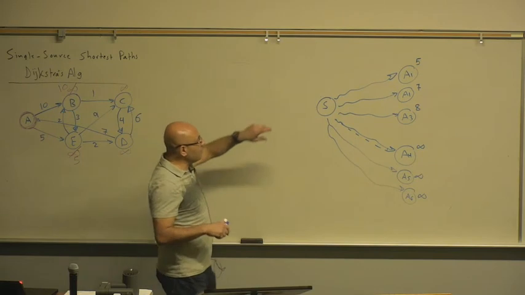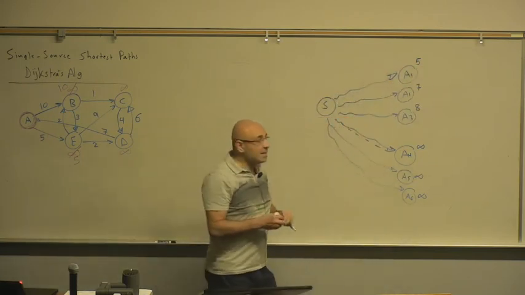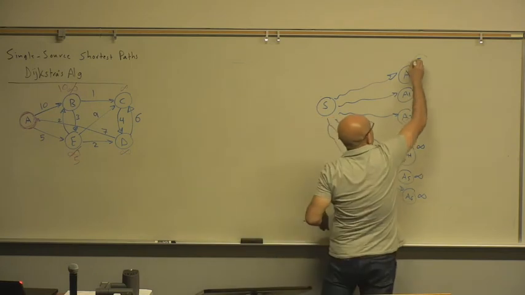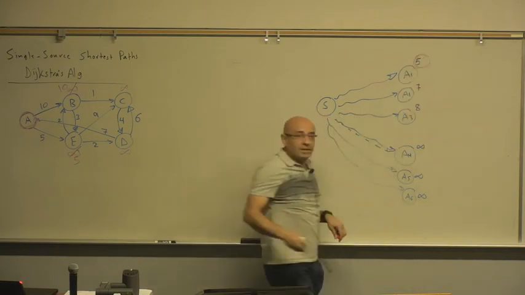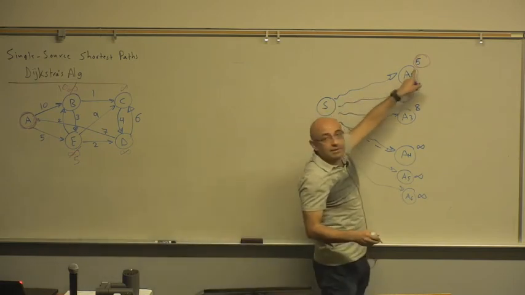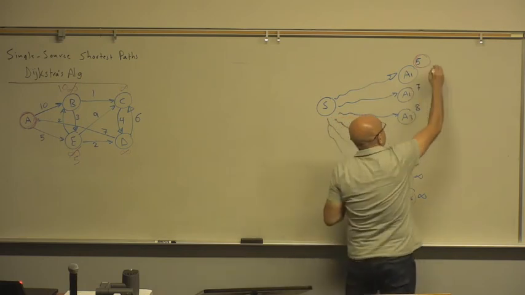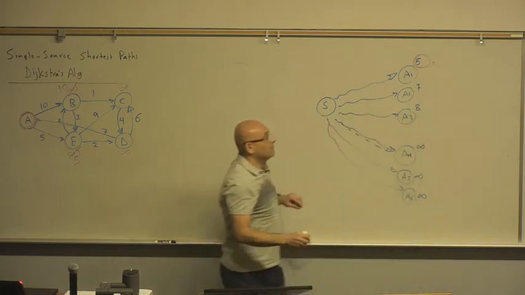Now, if I have a vertex with a distance of 5, I am certain, assuming that the edge weights are non-negative, that this is the shortest path to A1, that the path that I have discovered is necessarily the shortest path to A1.